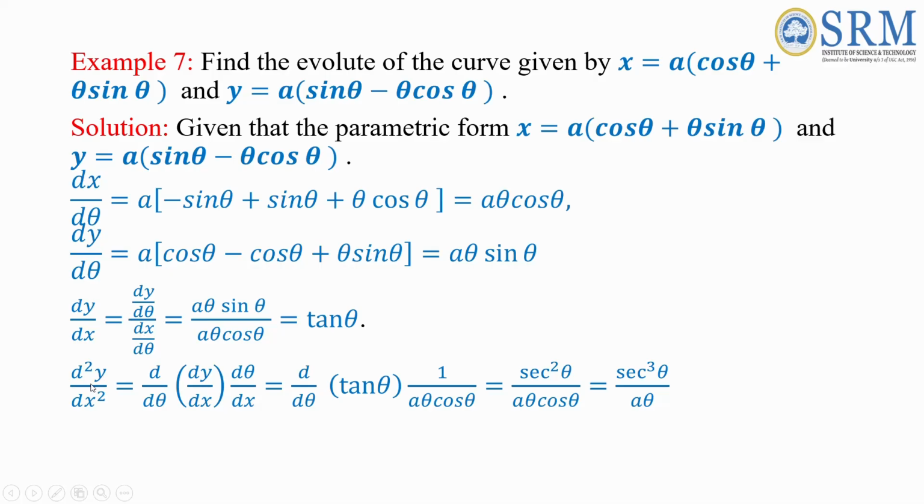To find the second derivative, use the chain rule: d square y by dx square equal to d by d theta of dy by dx and d theta by dx, that is d by d theta of tan theta, and d theta by dx is the ratio 1 by a theta cos theta. After rearranging this, we are having sec cube theta divided by a theta. Okay.